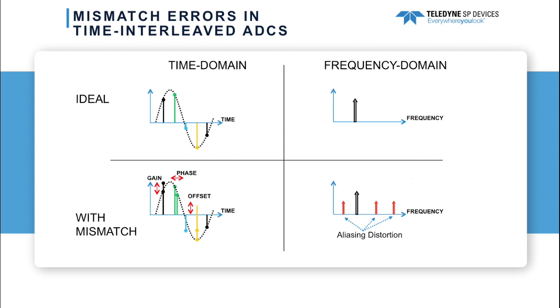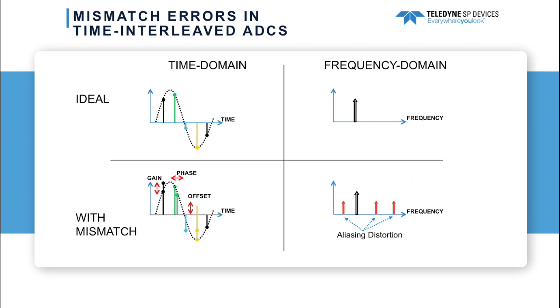The top right figure shows the corresponding Dirac delta function after applying the Fourier transform of the sine wave. The 3 main mismatch error types are shown in the bottom left figure. These will all contribute to samples being taken at undesired positions in the input waveform. It is very common to designate one of the ADC cores in the array as a reference and define mismatch in the way all the other ADC cores relate to this reference.